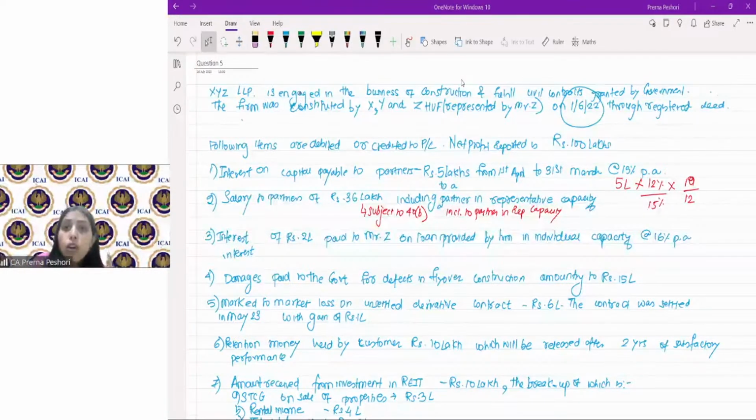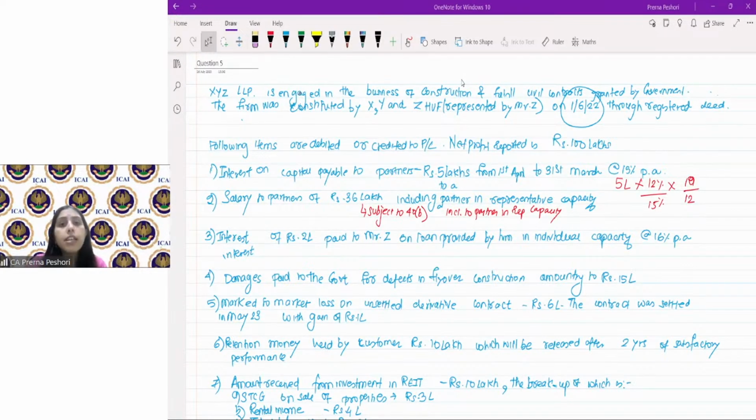Now, who does not fall under the 40B restriction? For the remuneration, or for that matter the interest, there is an exception where an individual is a partner in a firm in a representative capacity, but the interest is paid by the firm to that individual otherwise than as a partner.